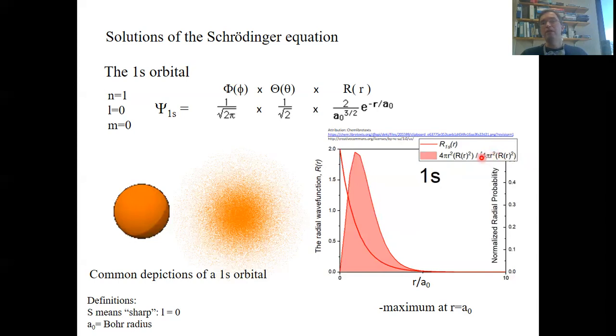However, it will increase as you go further away from the nucleus, okay, as the amplitude increases with r squared. So that effect is somewhat offset by the effect of the exponential term, okay, which tends to decrease the amplitude of the wave function as you go further away from the nucleus.